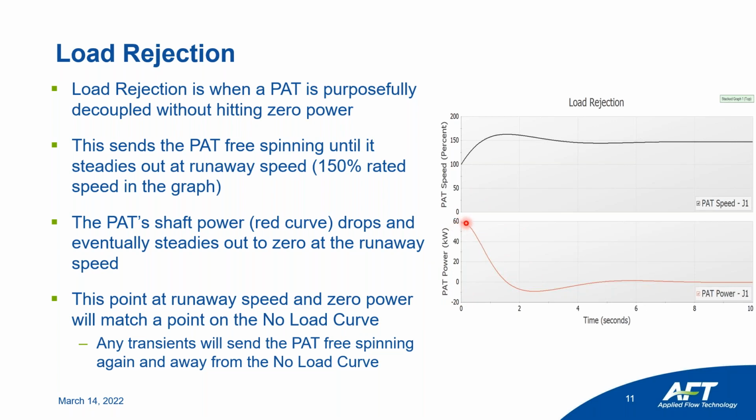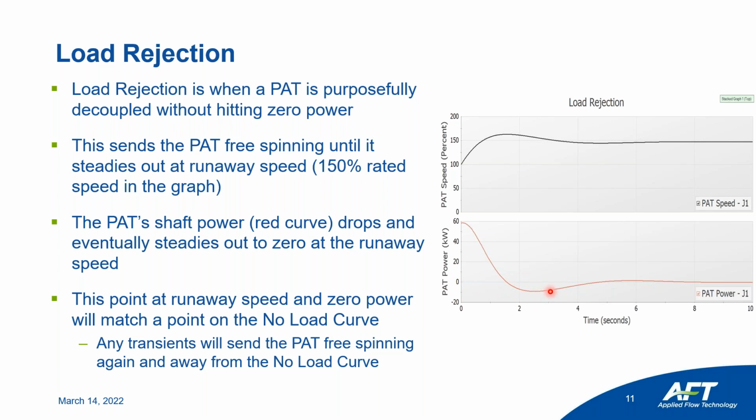Power starts at about 60 kilowatts, decouples at time 0, and the flow is producing positive power on the impeller and shaft until it undershoots 0 here, producing negative power on the shaft.